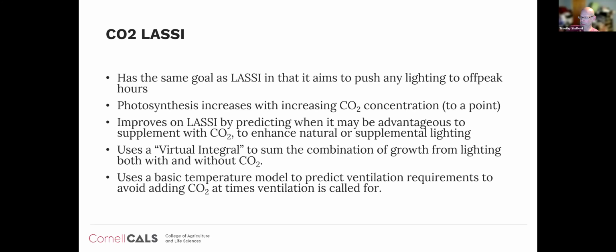Another consideration with that is we have to be able to predict what the temperature is going to be, because if the temperature is too high, we're going to have to ventilate, and so we would lose the CO2 that we have as well. So for the CO2, there's an algorithm to predict what the temperatures are going to be so that we can avoid venting.